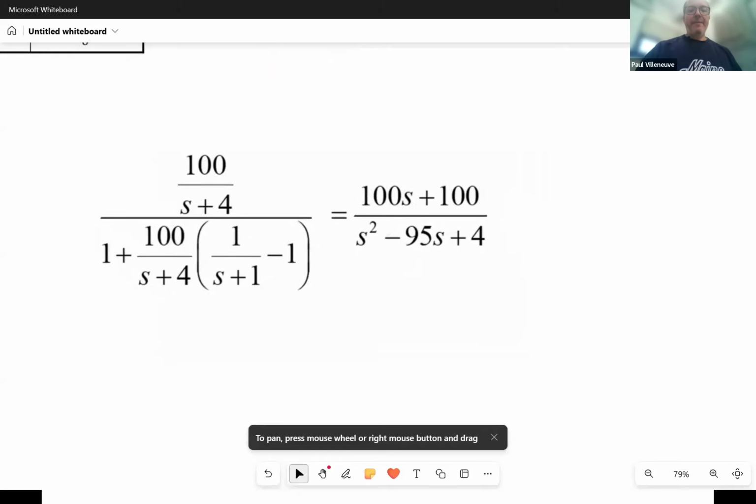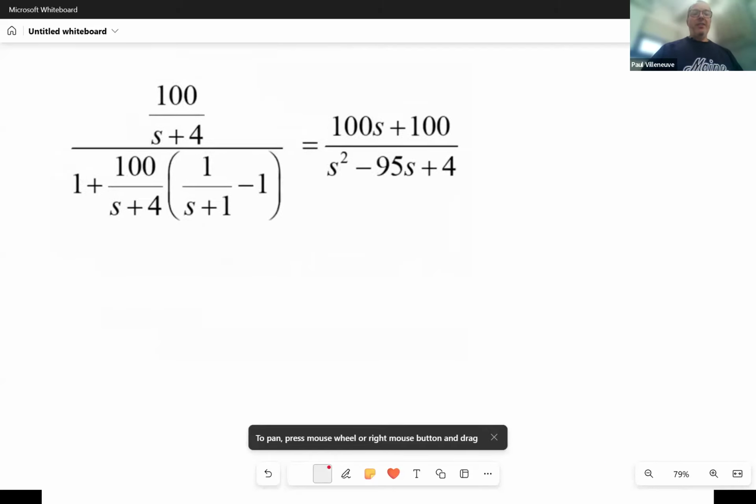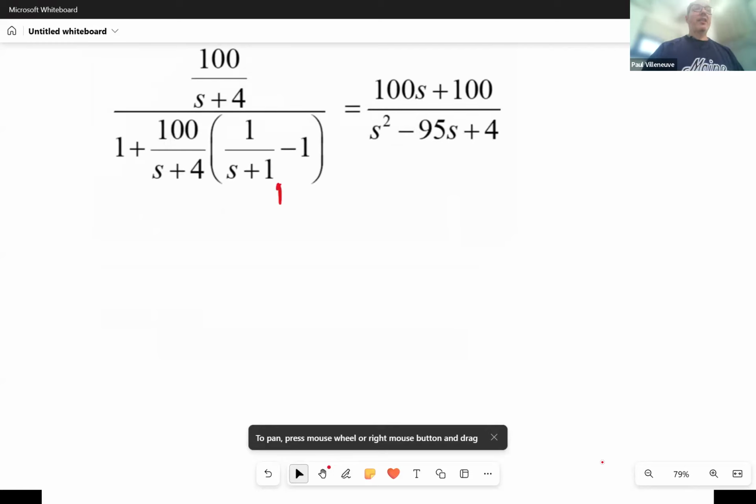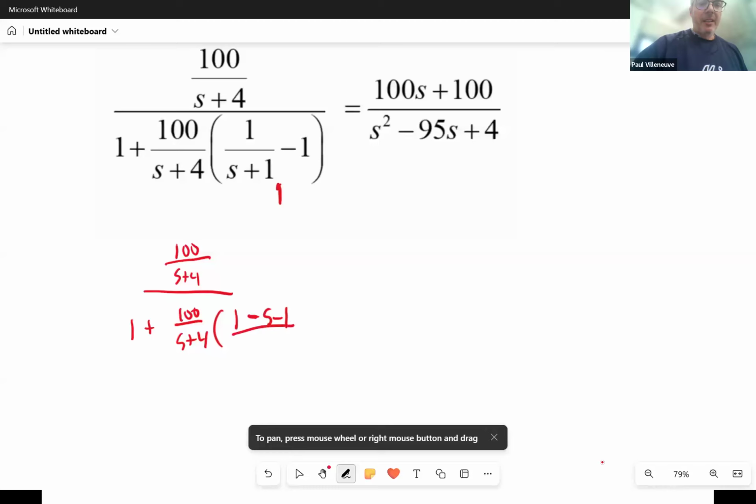Let's plug it in over here. So the first thing I'm going to do is I'm going to put this under a common denominator, right? So it makes it easier to multiply that out. So I have 100 over S plus 4 all over 1 plus 100 over S plus 4. Common denominator here is 1 minus S minus 1 all over S plus 1. Everybody see that?